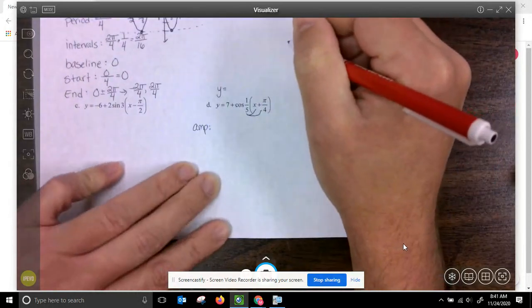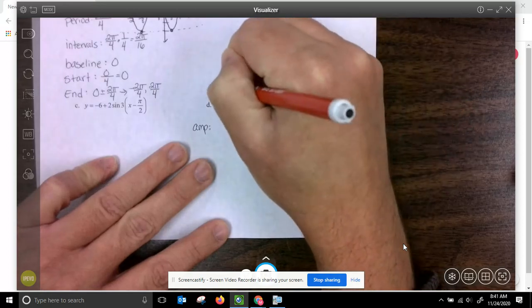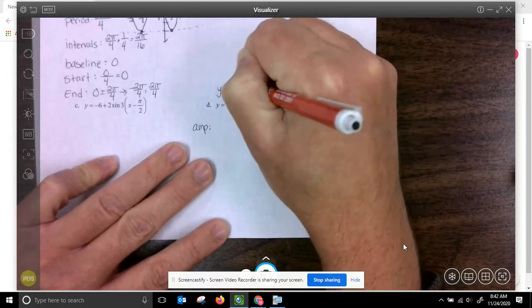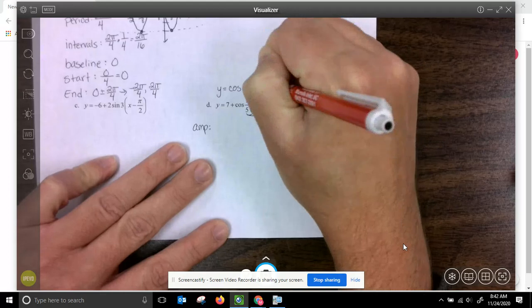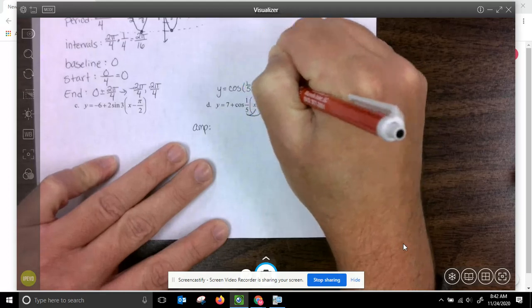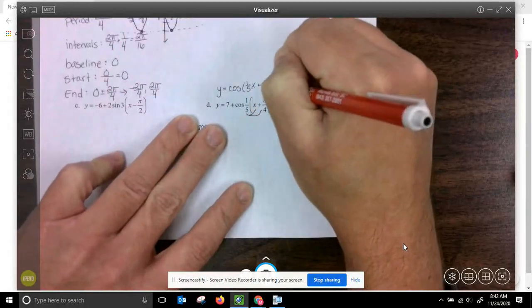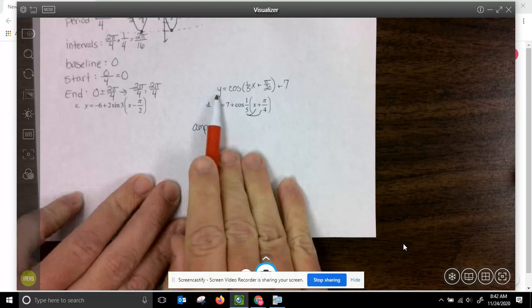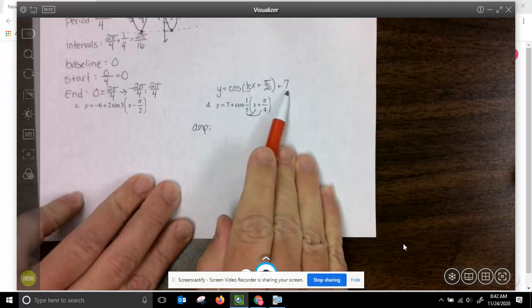So if we want this to look more like our regular standard form, we can say cosine. I'm going to distribute this 1/5. So this will be 1/5 x plus pi over 20. All right, and then we have plus 7 out here. All right, so now this looks more like A times cosine of bx minus c plus 7.